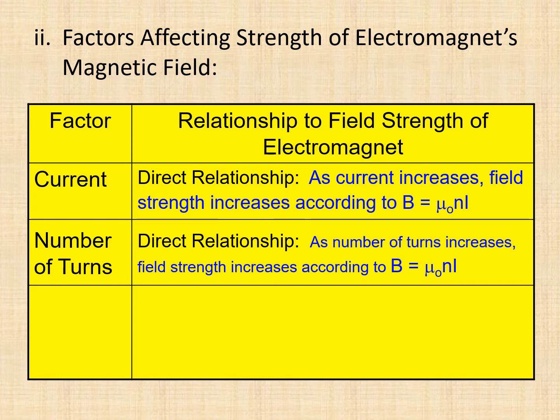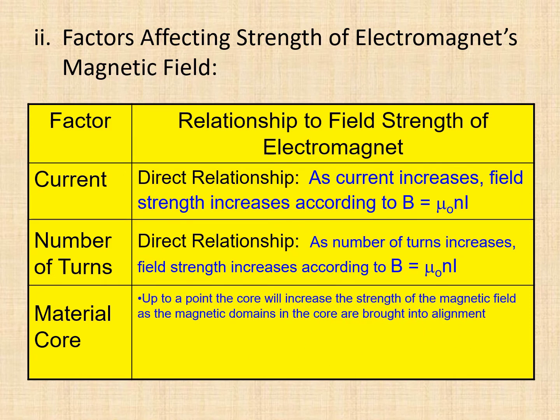The third factor has to do with the material core itself. Up to a certain point, the core will increase the strength of the magnetic field as the magnetic domains in the core are brought into alignment.